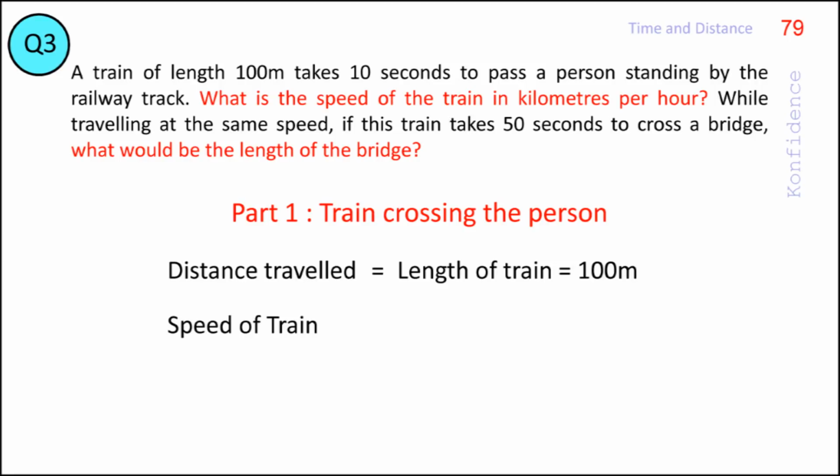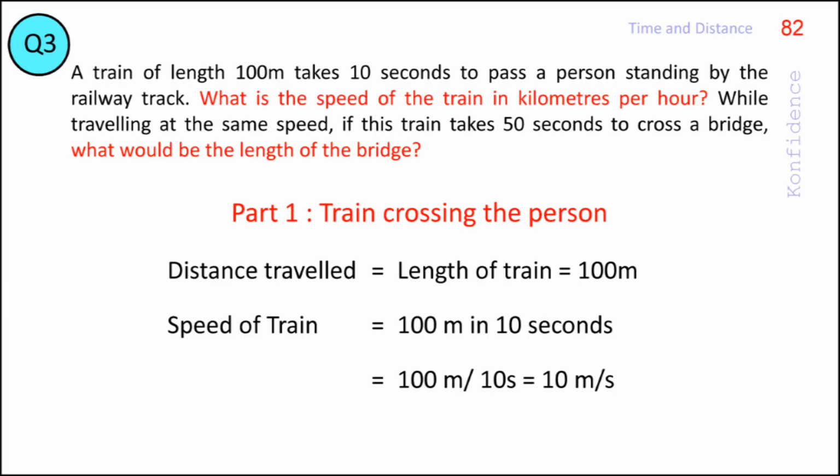So, the speed of the train can be found as distance by time, or 100 meters in 10 seconds, which is 10 meters per second. We need the answer in kilometers per hour, not in meters per second. So we need to convert 10 meters per second to kilometers per hour. 10 meters per second is 10 into 18 by 5, or 36 kilometers per hour.